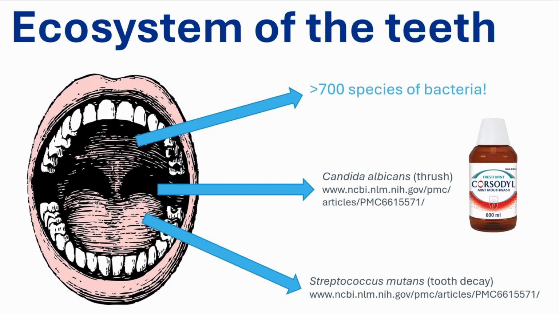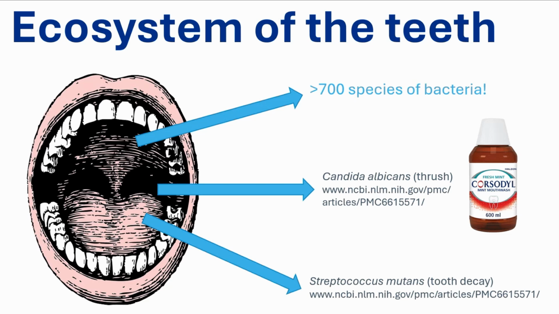It's a normal part of what lives in there, but if it overgrows a lot, you can have a lot of problems. It can get really sore, and then you have to have a special mouthwash. It's also a problem for people with dentures, because it can be difficult to keep everything squeaky clean, and it can overgrow.